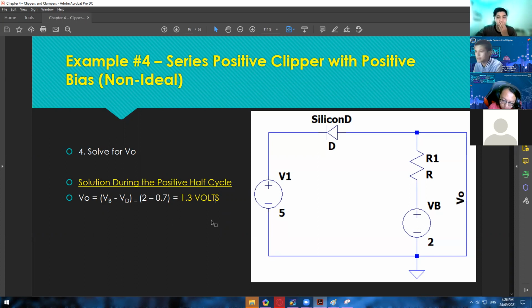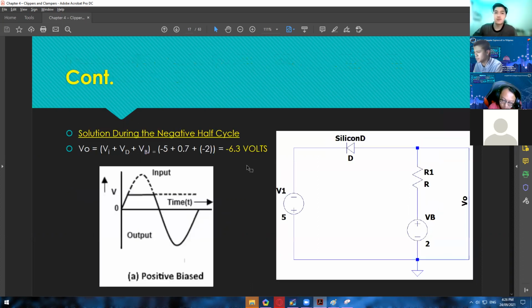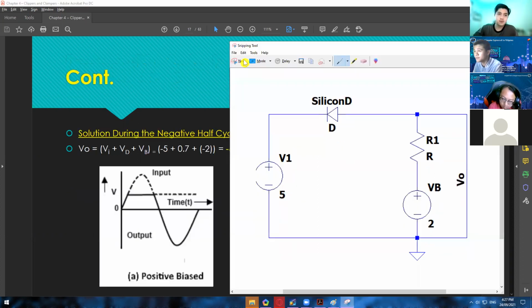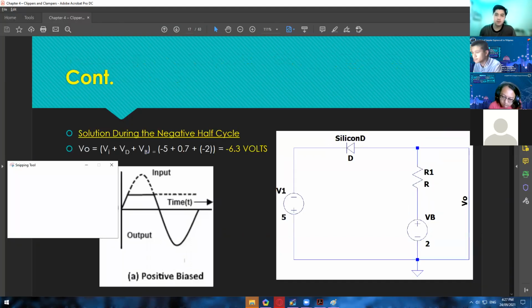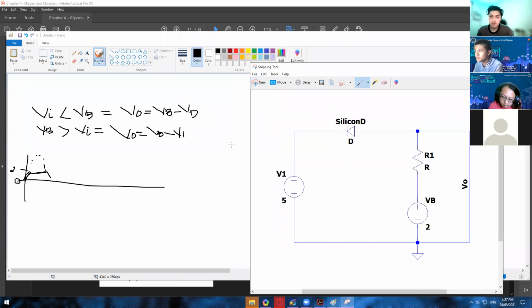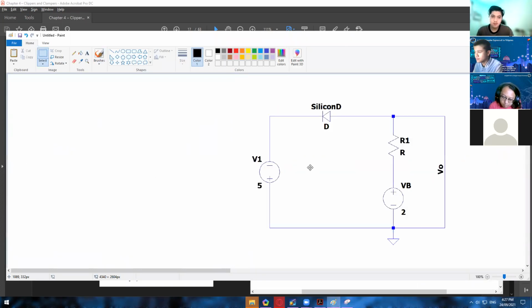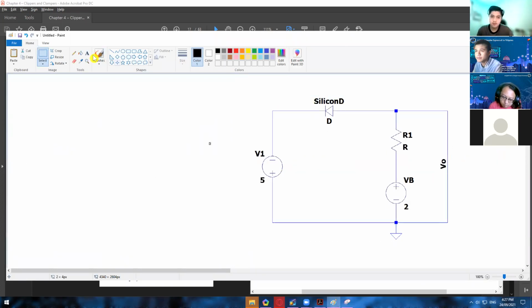All right. So for the negative half cycle, so this one is very straightforward. So I think there is no problem regarding with this one. So during the negative half cycle, so we have negative connected to negative and then positive connected to positive. Okay, and the same then.